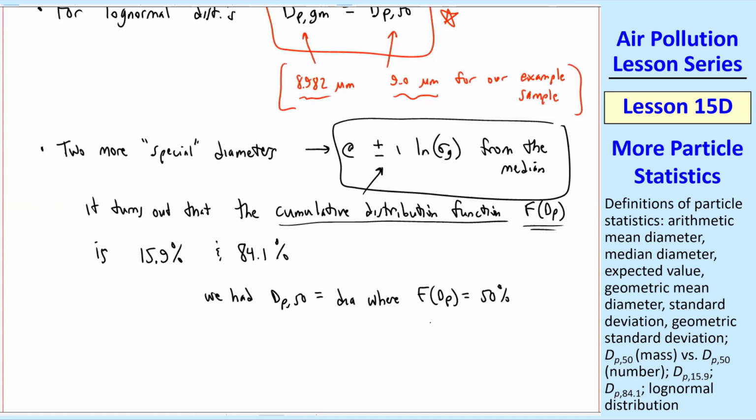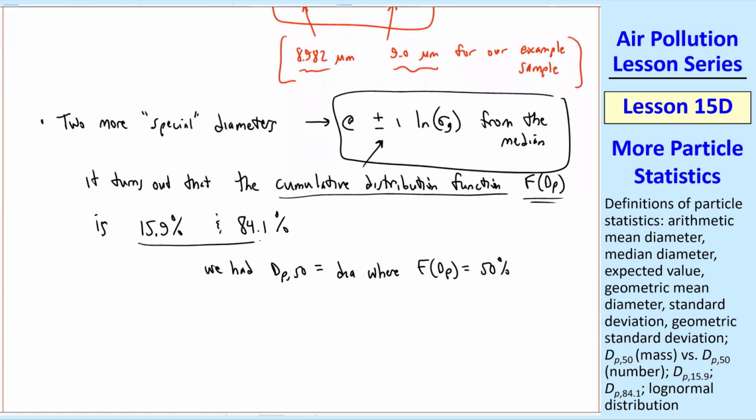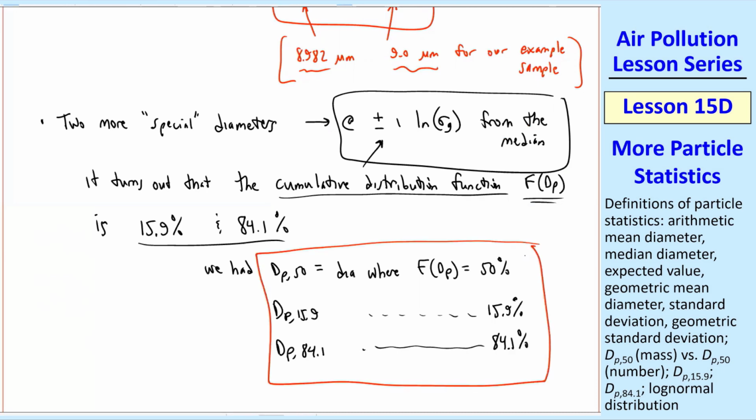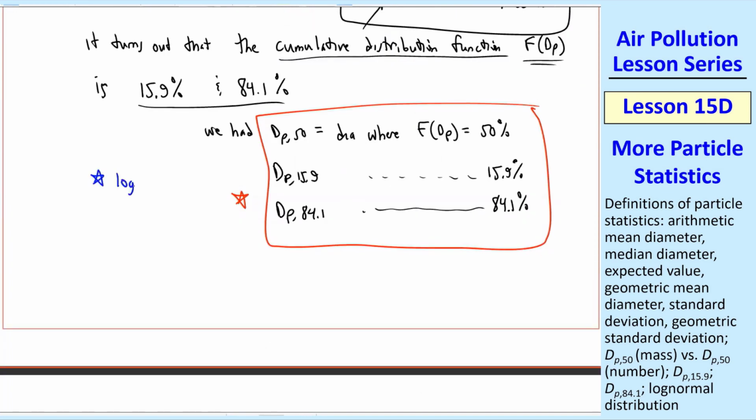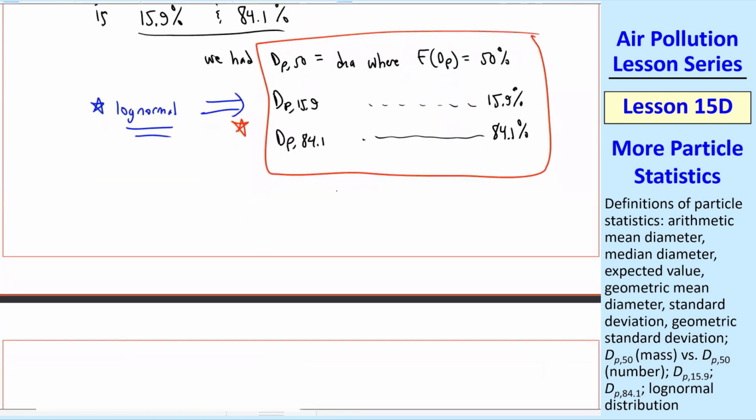Just like we defined dp50 as the diameter where F of dp is 50%, now we use these 2 other special diameters. We define dp 15.9 as the diameter where F is 15.9%, and dp 84.1 as the diameter where F is 84.1%. And you'll see these 3 diameters as special ones that pop up in a lot of equations in air pollution statistics. This is only good for log normal, which is all that we'll talk about in this course.